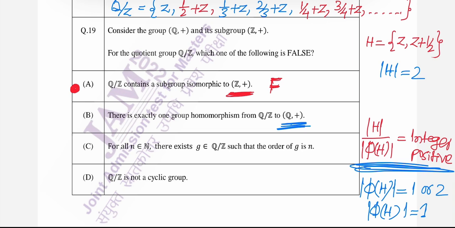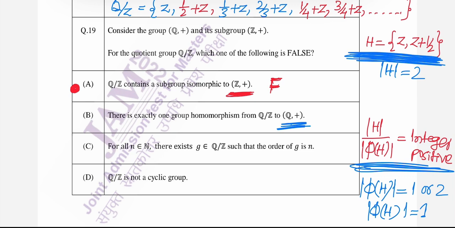What does it mean? It means that all elements of H map to the identity element in Q plus. And in the same way, here I have proved that all the elements of this subgroup H map to the identity element, and here H is a subgroup of order 2.